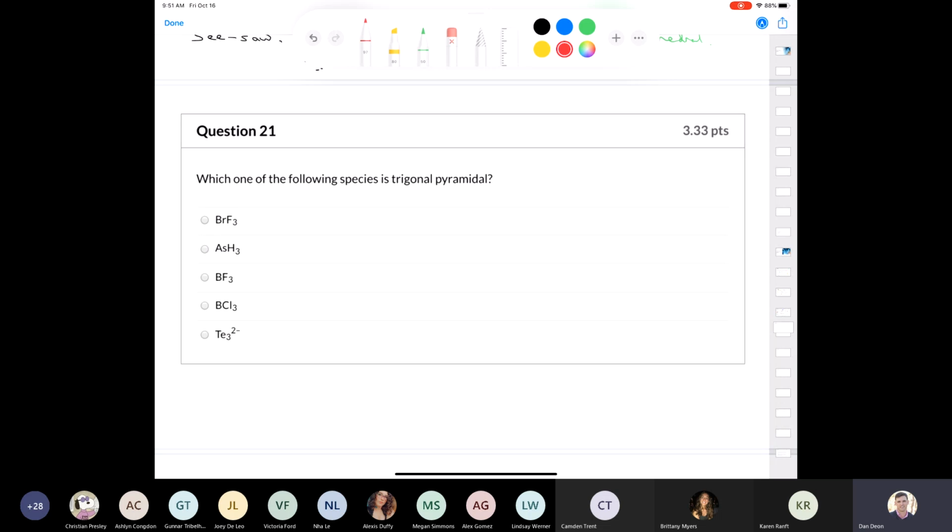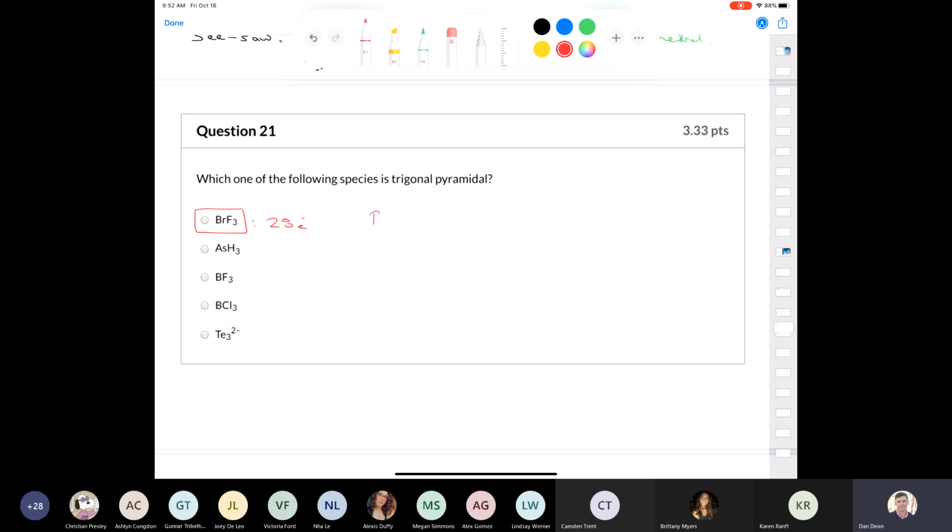Let's start with this one here. Bromine trifluoride. Both of these elements, bromine and fluorine, are halogens. They're both found in group 7A. That means that they both have 7 valence electrons. 7 times a total of 4 atoms that all have 7 valence electrons. So 7 times 4 gives me 28 valence electrons, like that.